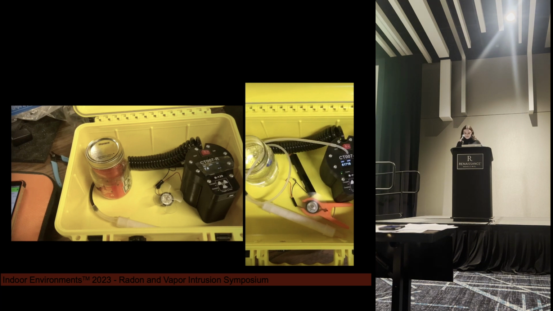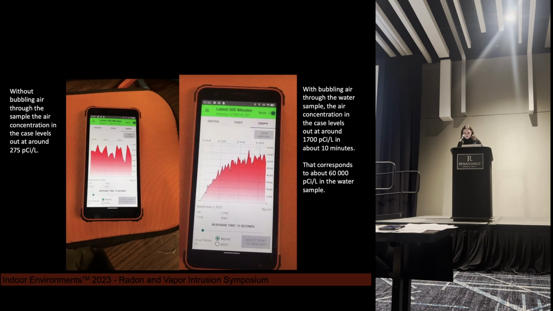On the left, the water sample does not have any air bubbling through it. On the right, a hose from the exhaust of the sniffer is bubbling through the water sample. We also have a fan in the case to circulate the air, which we don't know if that's necessarily needed to be there. The airtight case will then be closed and we can read the sniffer readings on the app until they stabilize.